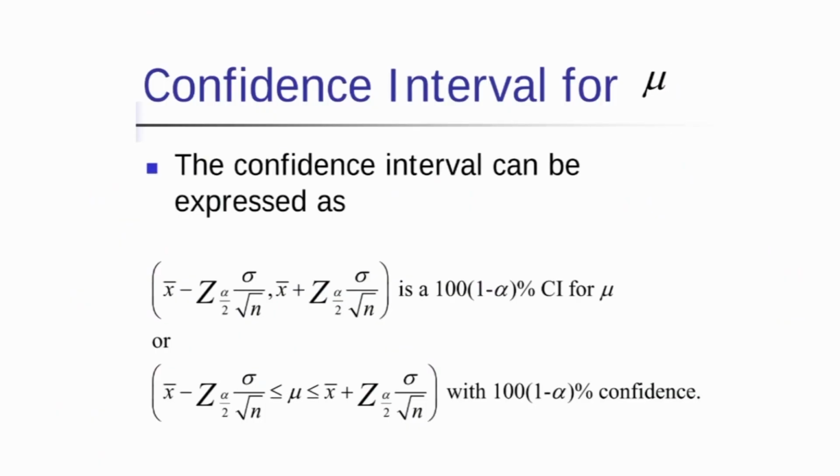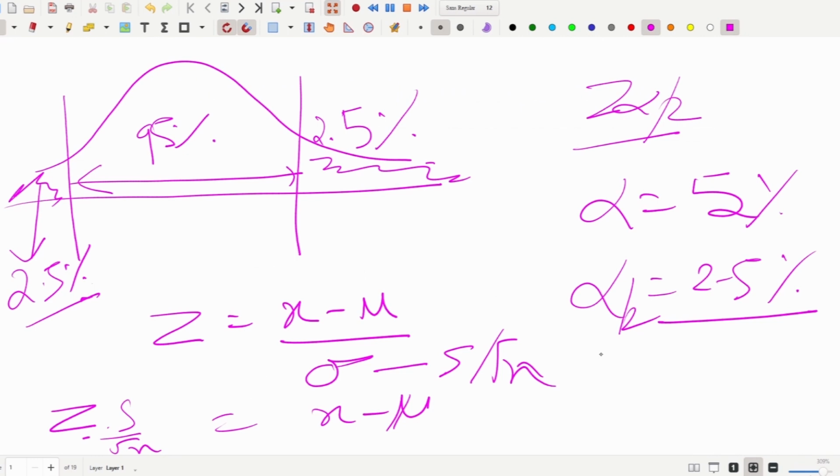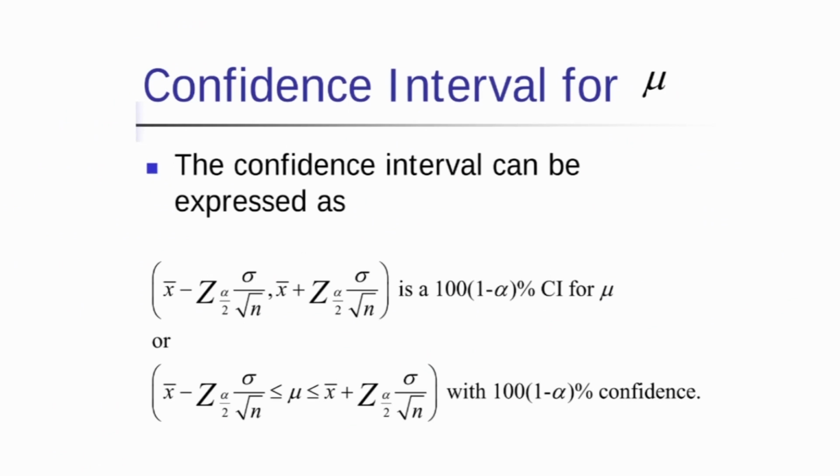That is why S by root n is there. Now, we have two Z's, one here and one here, and therefore we get two values within which mu will lie. What is mu? As we generally talked, mu is the population mean and x bar is the sample mean.